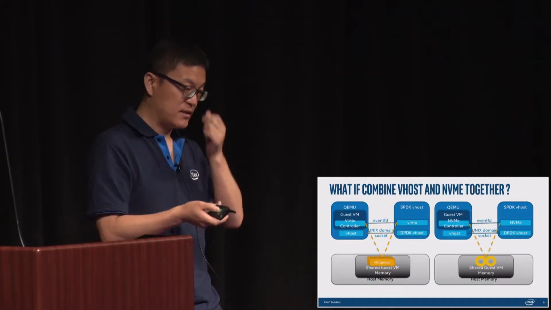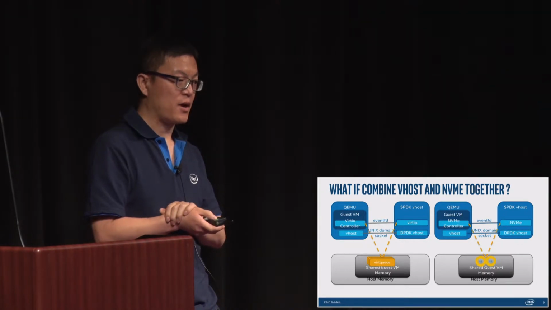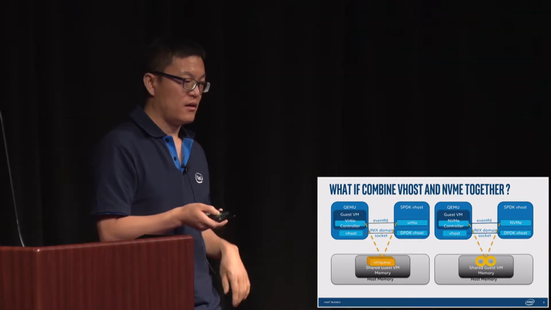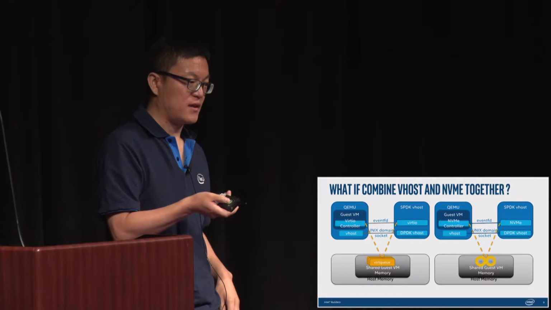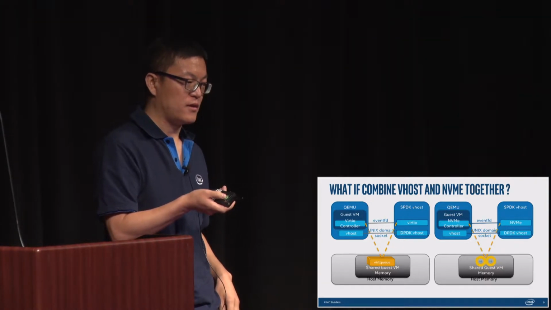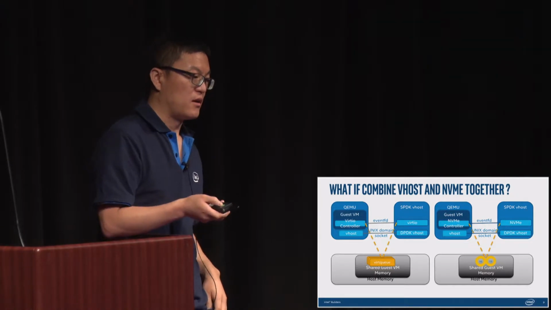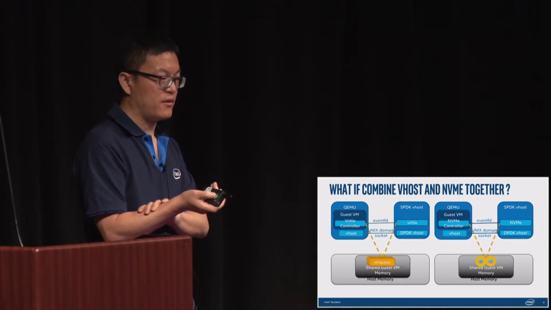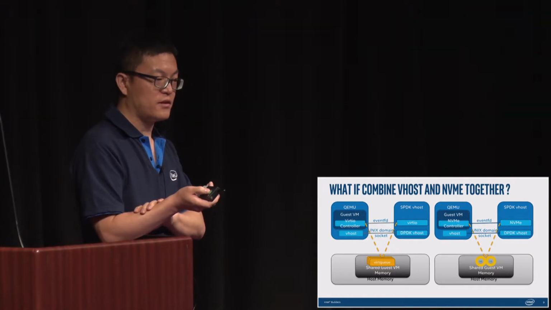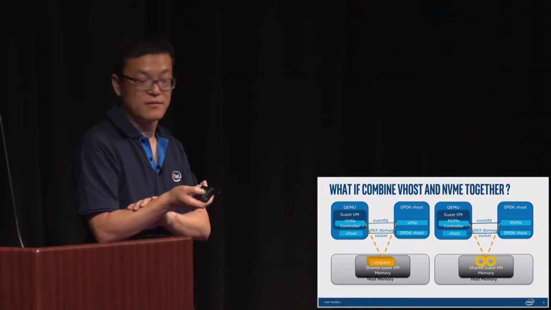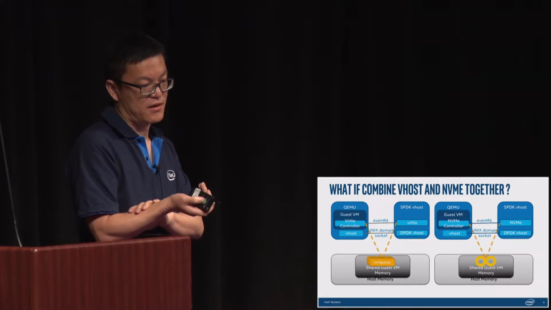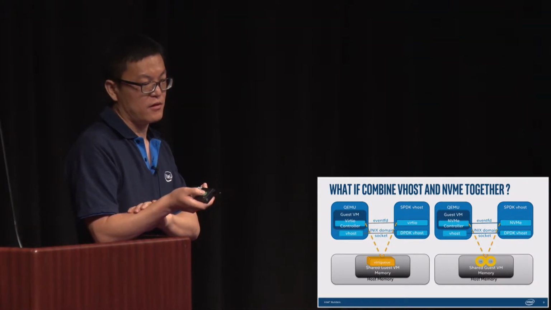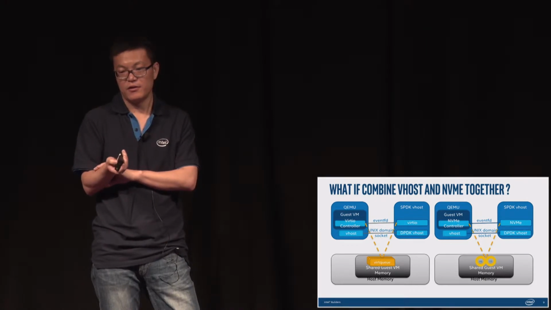Here I listed the vhost diagram. For the vhost-SCSI and vhost-user solutions, they use shared virtual rings between QEMU and the SPDK vhost target. And for the vhost-NVMe solution, it shares IO queue pairs between QEMU and the SPDK vhost target.